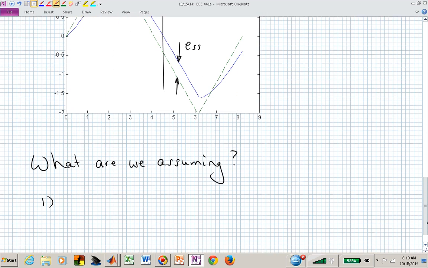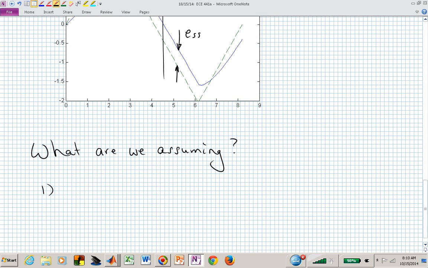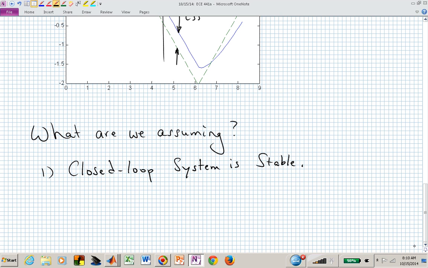The very first assumption that we are making is that we have a closed loop system that's stable. The open loop system may not be stable, but the closed loop system is stable. And sometimes we may just say, oh, let's just assume that. But you would have to check that.